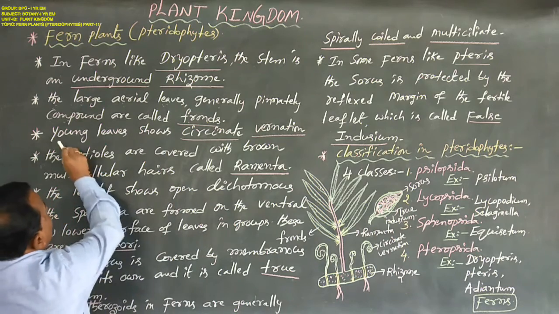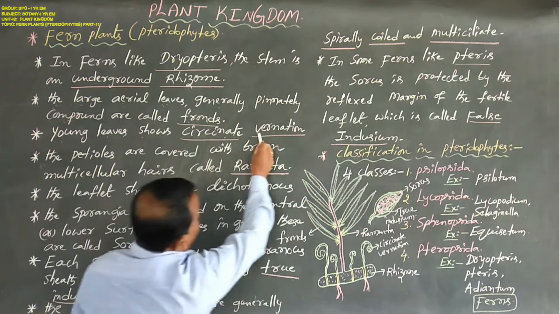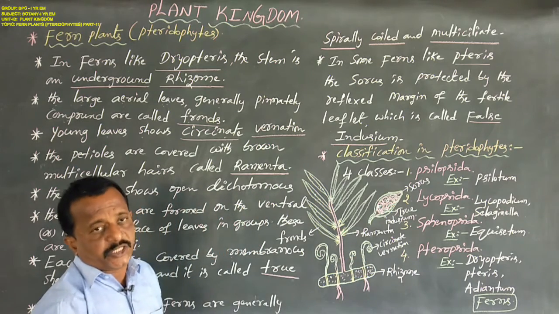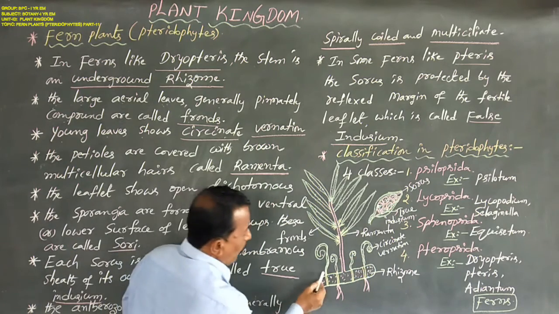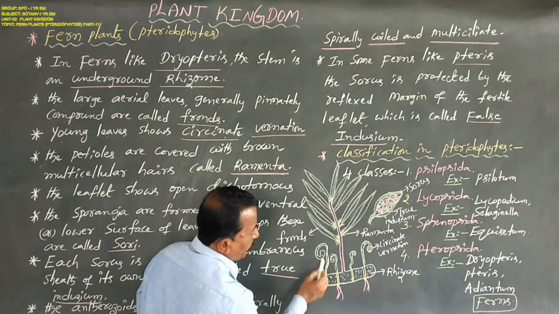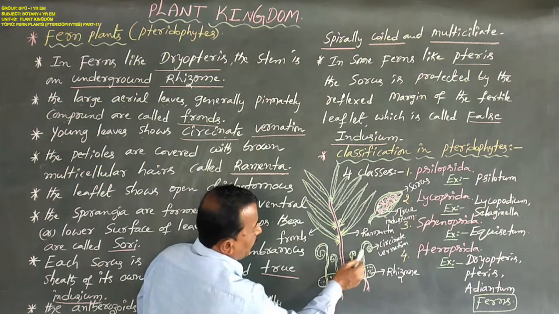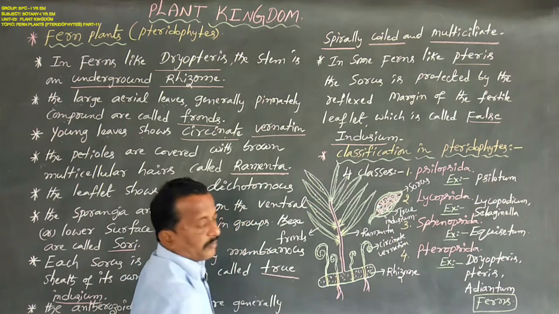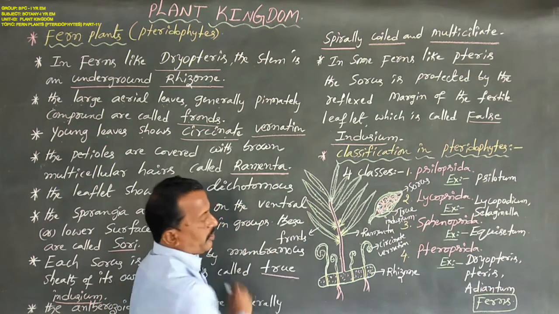The young leaf shows circinate vernation, meaning coiling from the tip to the base. These are young leaves, but these are mature leaves.